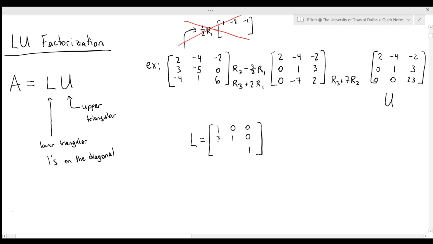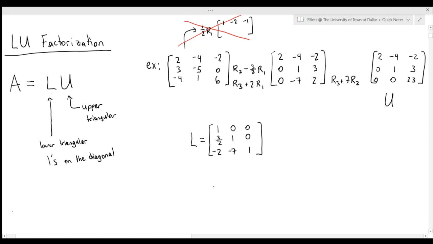I'm going to put a +3 halves in the 2, 1 entry. Here with the +2, I'm going to put a -2 in the 3, 1 entry. And finally, with the +7 here, I'm going to put a -7 in the 3, 2 entry. And so with that, that actually gets matrix L.